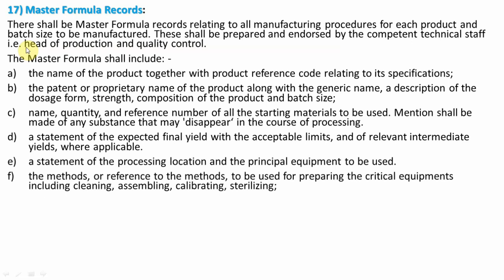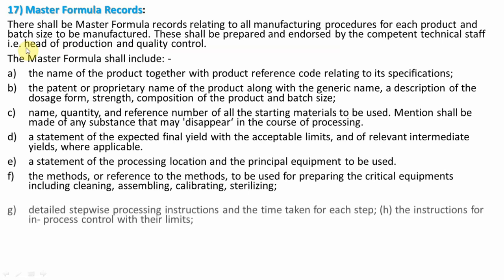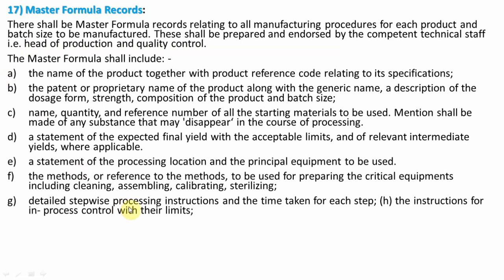Then the methods or reference to the methods to be used for preparing the critical equipments, including cleaning, assembling, calibrating and sterilizing. Then detailed stepwise processing instructions and the time taken for each step. Next, the instruction for in-process control with their limits.